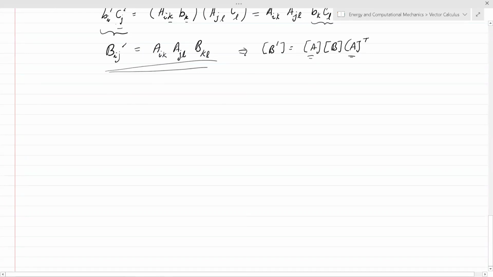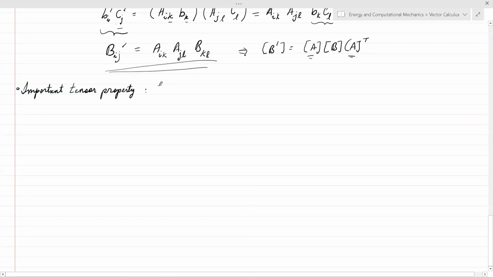And so I can continue now doing that even for a fourth order tensor. It's perfectly possible to do that. I have an important tensor property I want to discuss.